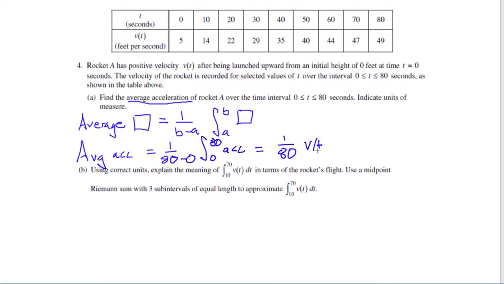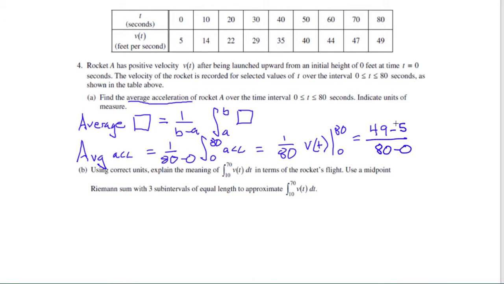So it's going to be v of t, evaluation bar between 0 and 80. If I plug in 80, I get 49, minus, when I plug in 0, I get 5. So 49 minus 5, all that's divided by 80, or 80 minus 0 if you want to keep leaving it like that.